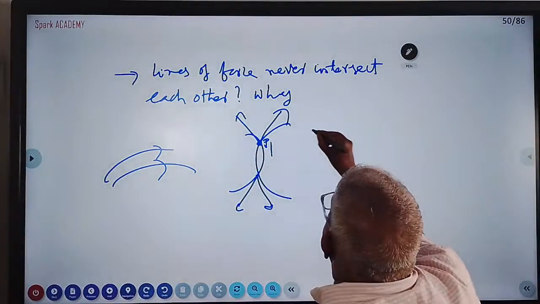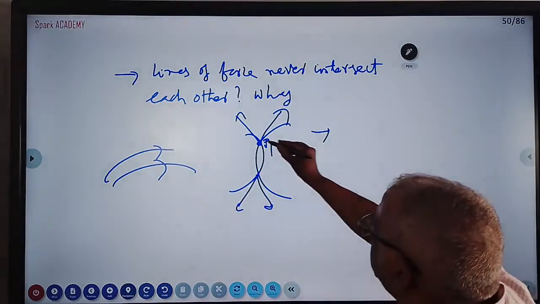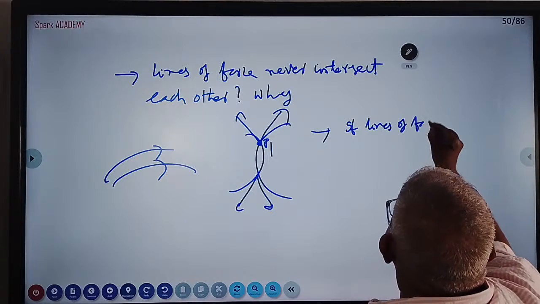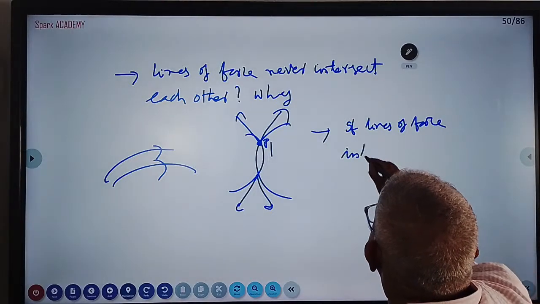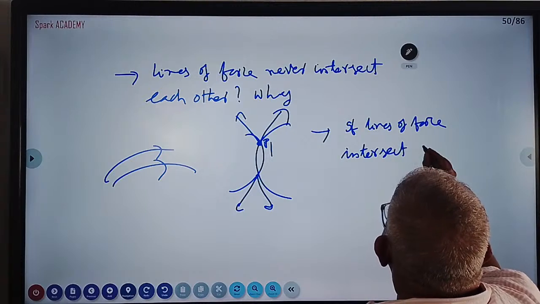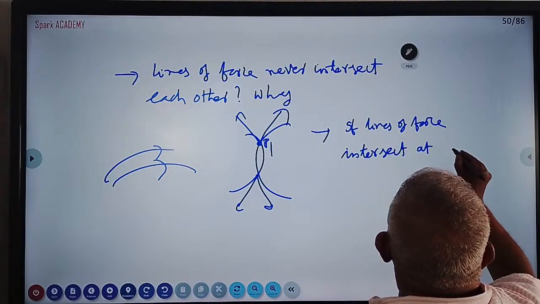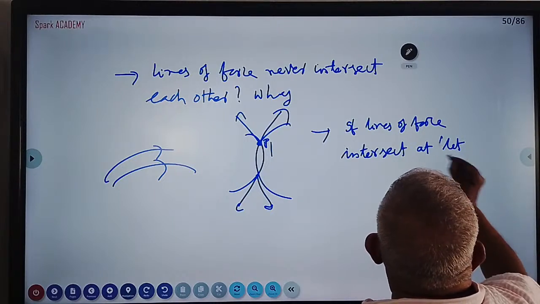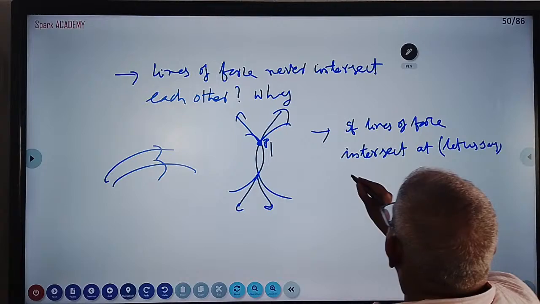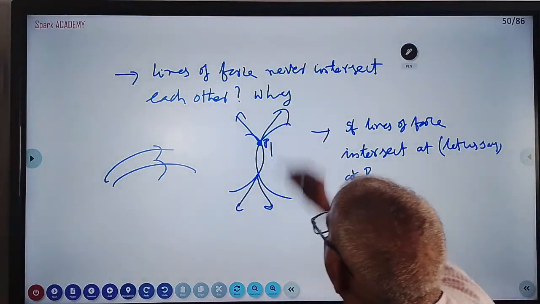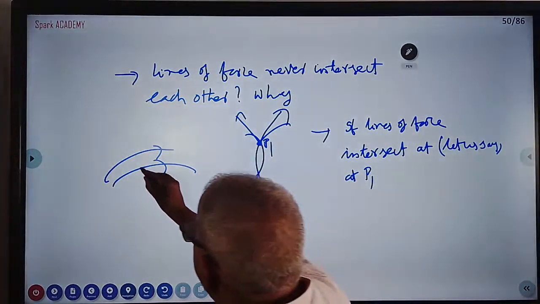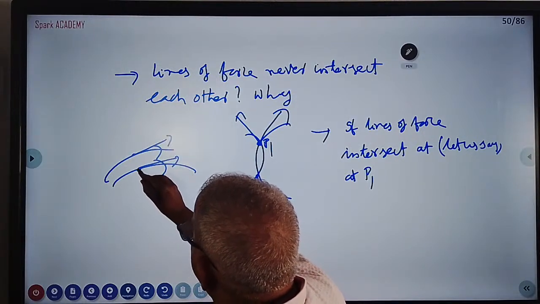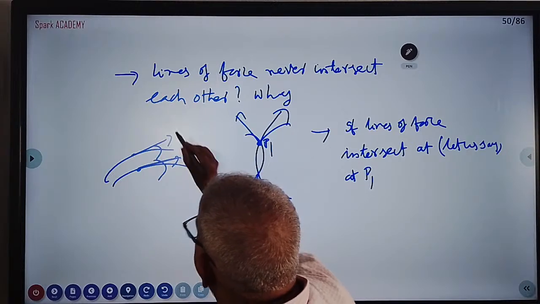If lines of force intersect at P1, I am drawing two tangents. Actually, if you want one direction, you draw a tangent. If you draw a tangent at a point, you will know the direction. This is the direction of the field.